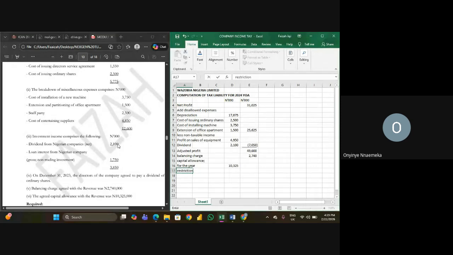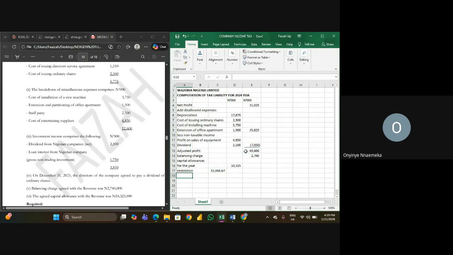Restriction equals 2/3 multiplied by the assessable profit, which will be this. So the restriction is higher, we go for the lower amount, right? Relieved equals this minus this, equals this.